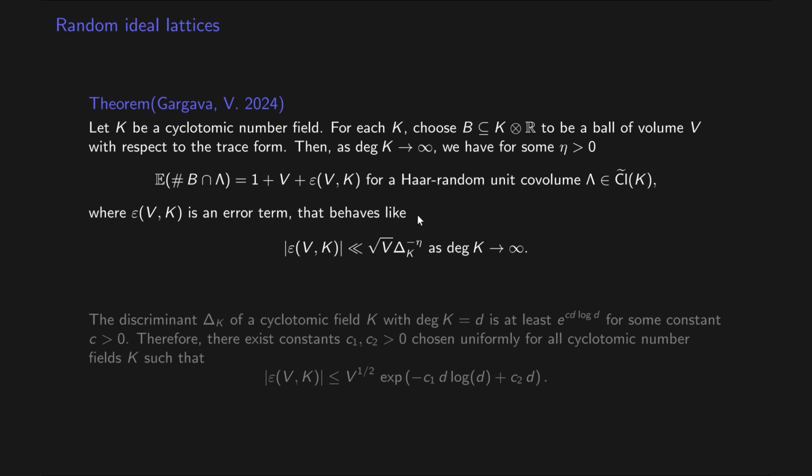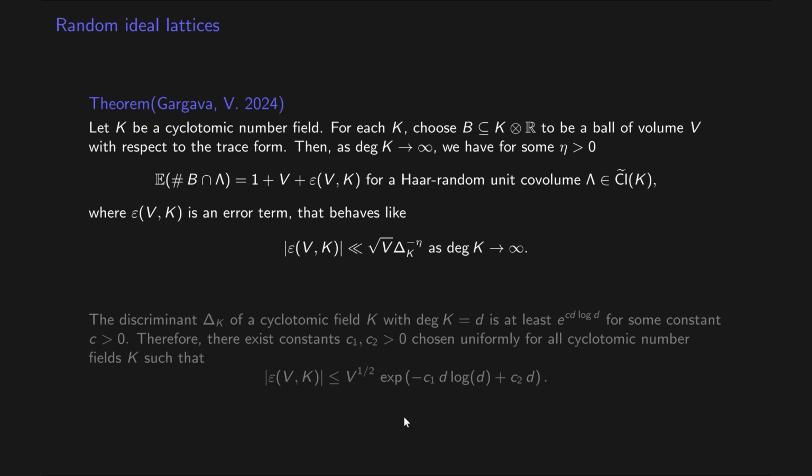Because as the degree of the cyclotomic number fields grows, the discriminant also grows very, very fast. That's why we can actually get an estimate like this. So this error will decay super exponentially in the dimension.